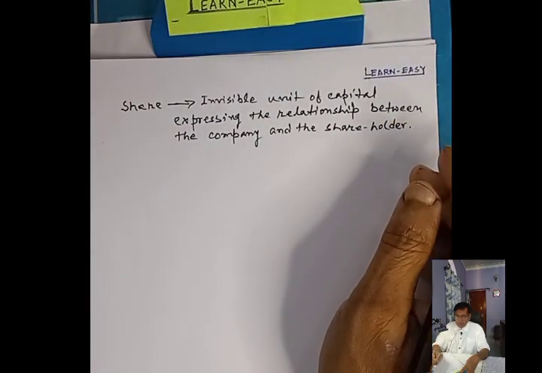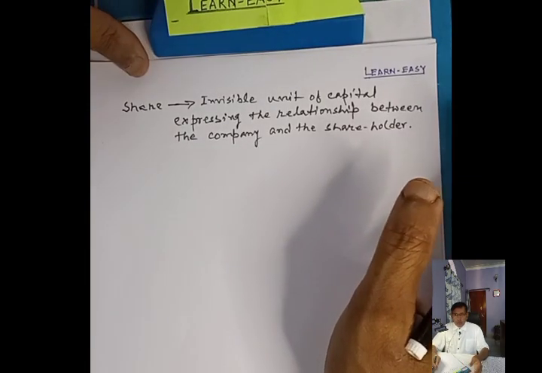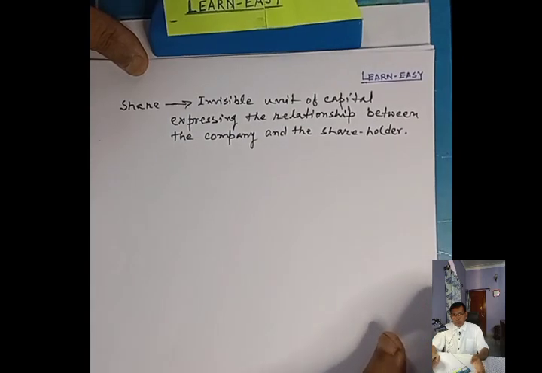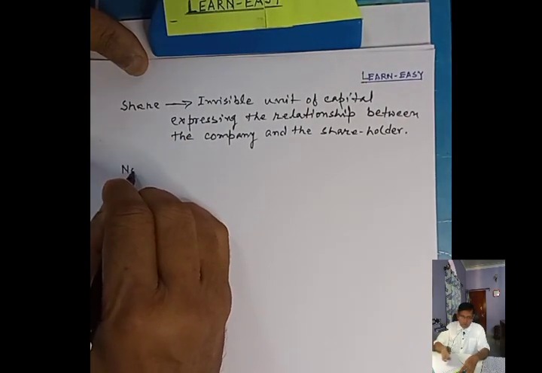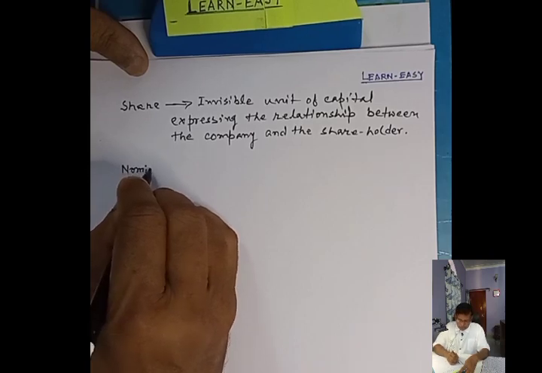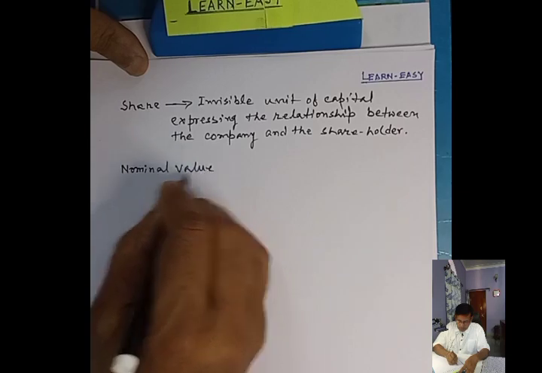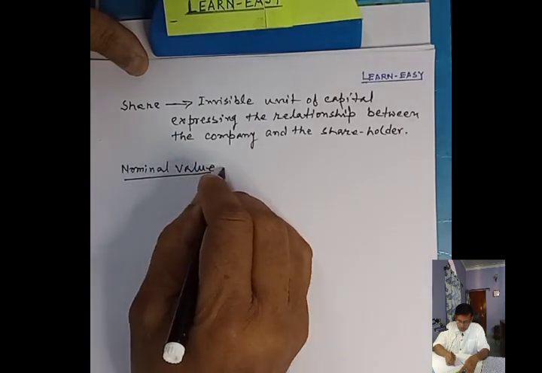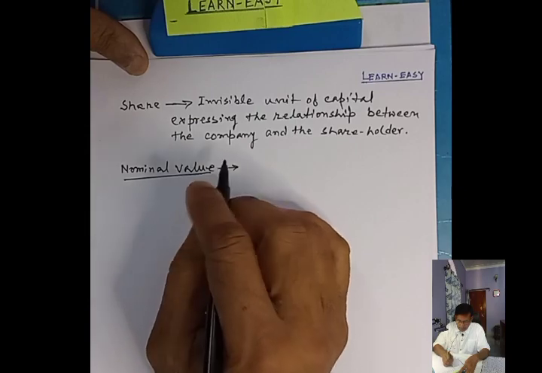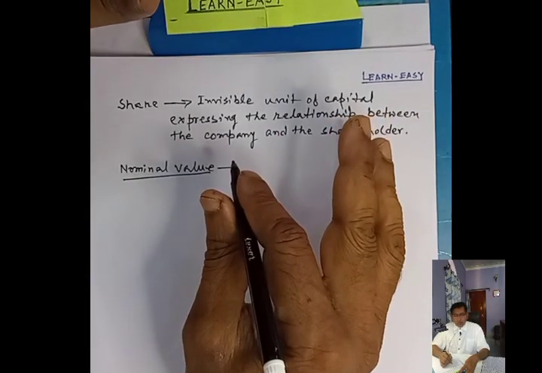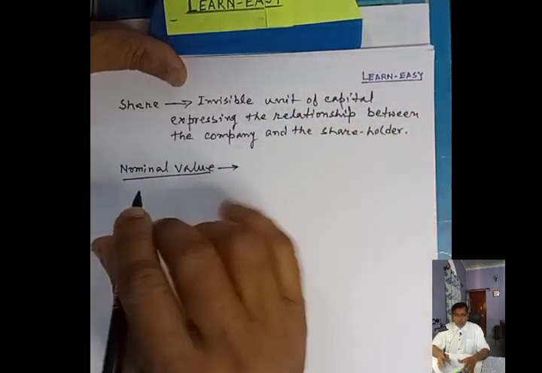Now, when we are discussing the topic of share, there are some terms. First is nominal value. What is nominal value? It is also called face value. It is the registered value or printed value, or it is termed as face value.